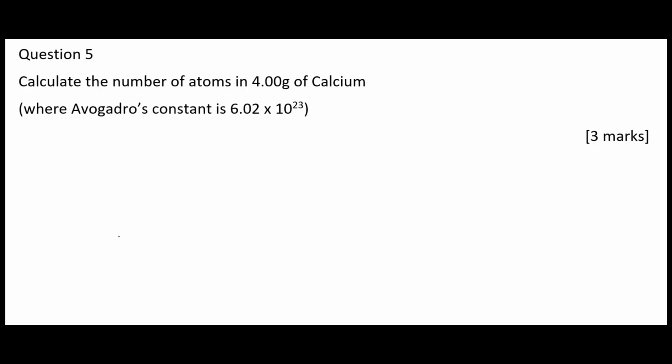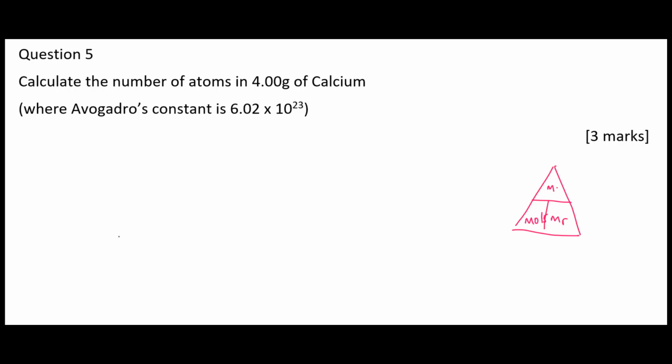Okay, well, first things first, guys, there's an important triangle when looking at this equation. And that equation is mass, mR, and moles. So mass divided by the mR gives us the moles.